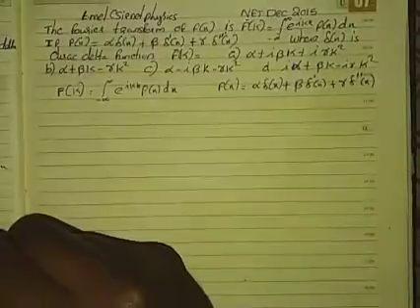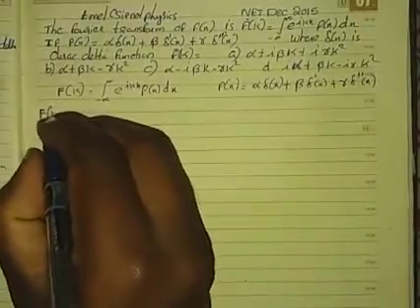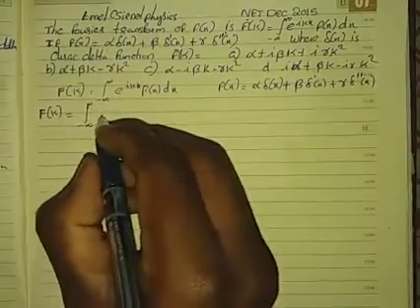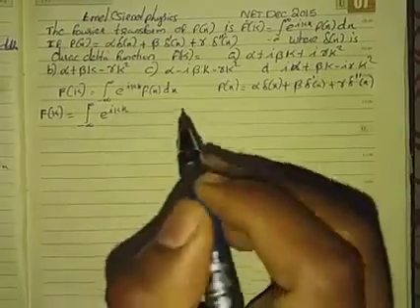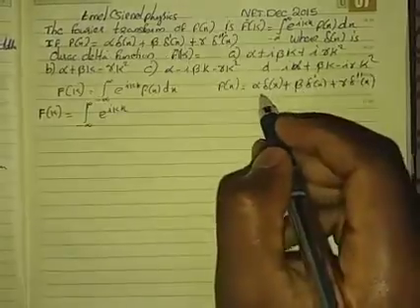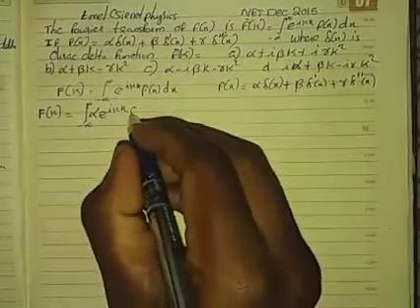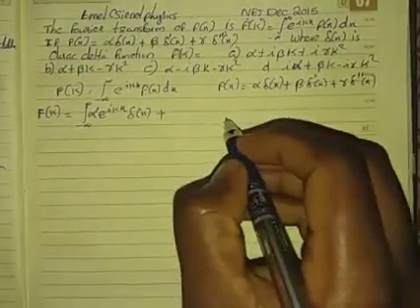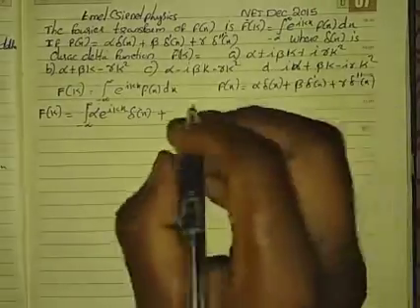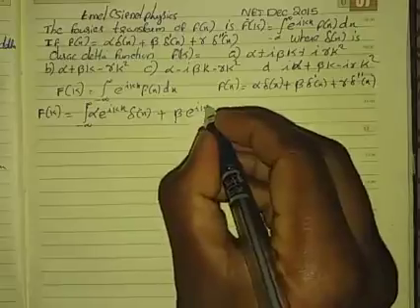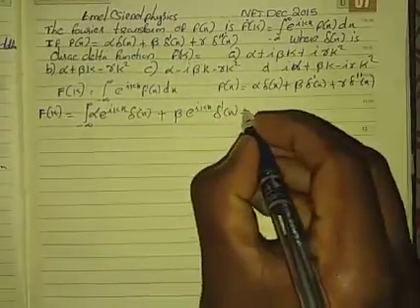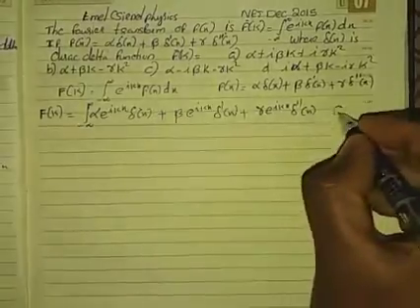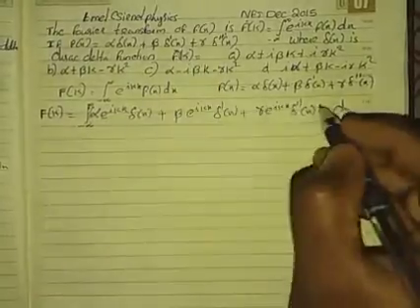So we can substitute the values for this integral, F of k, which is equal to the integral of e raised to i k x times alpha delta of x, plus e raised to i k x multiplied to all these terms, beta e raised to i k x into delta dash of x, plus gamma e raised to i k x into delta double dash of x, the whole times dx. That's the integral right there.